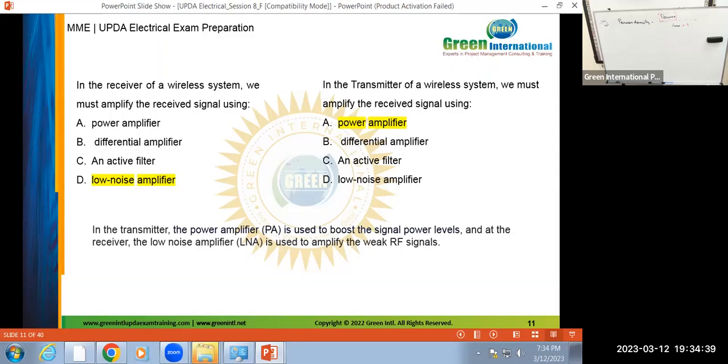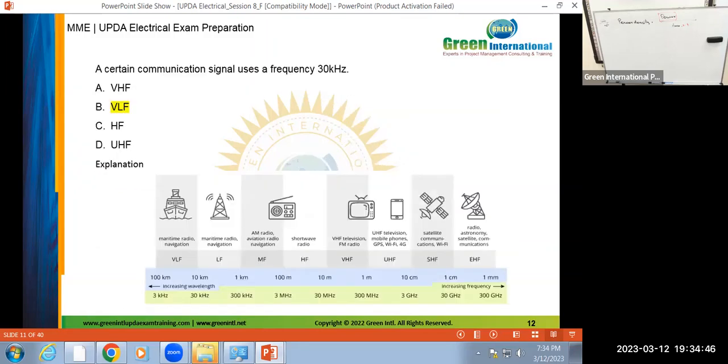So here we have explanations of that. And this question was also asked in the exam. A certain frequency communication signal is used for a 30 kilowatt value. At the bottom we have the classifications: VLF, very low frequency, medium frequency, high frequency, VHF, very high frequency, UHF, ultra high frequency.